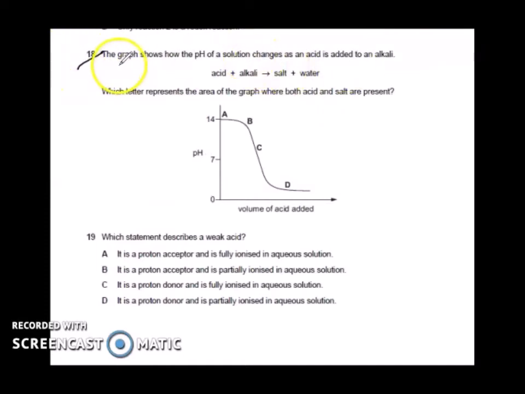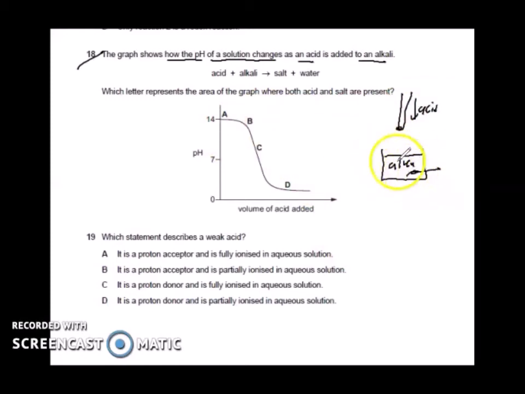So number 18, the graph shows how the pH of a solution changes as an acid is added to an alkali. Here's the alkali, and from the pipette here will be the acid. The indicator will be here.